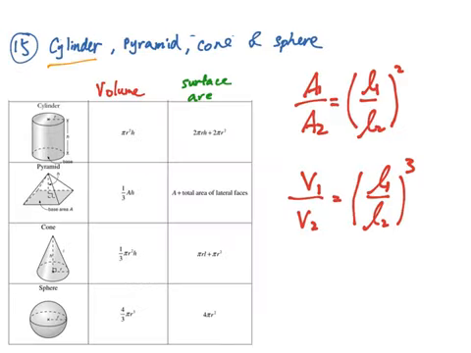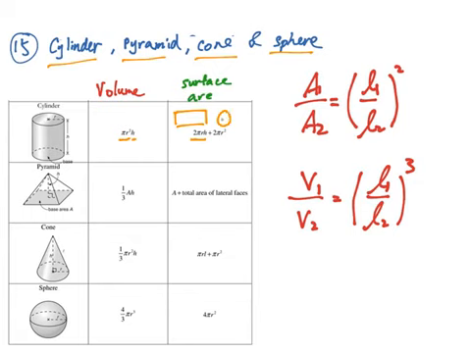Next is about the cylinder, pyramid, cone, and sphere, their volume and surface area. For the cylinder, the volume, we use the base area times the height. And for surface area, it is the rectangle body plus 2 circles.